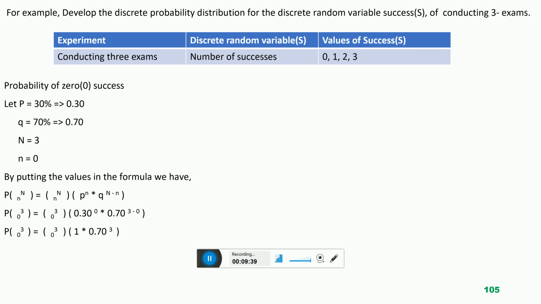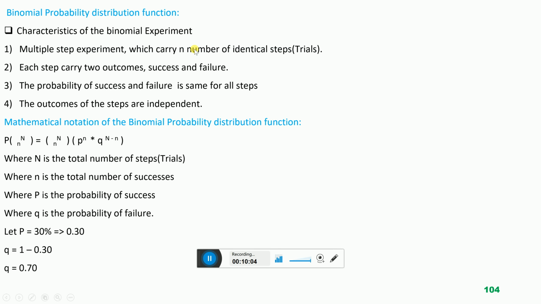It does not mean that if the student passed the first exam, he will pass the second exam as well, the third as well. No. Outcomes are independent. Outcomes of the steps are independent. So this conducting 3 exam experiment is a binomial experiment because it satisfies all the 4 characteristics as given here.